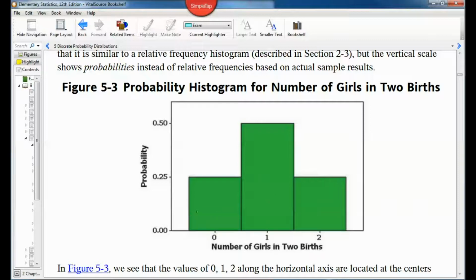Notice that there's no space in between the bars. And notice that the random variable is exactly in the center of the bar. So that means it's going to be a histogram, but it's a probability histogram because it's related back to that probability distribution.